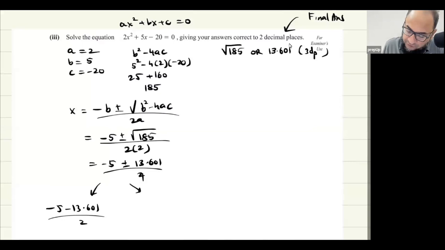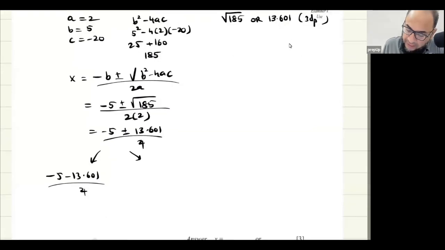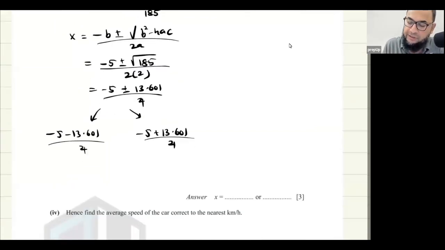It's not 2, it's actually 4. It's actually 4. And this is minus 5 plus 13.601 divided by 4. So 13.601 plus 5 divided by 4. This answer is how much? 4.650, negative.